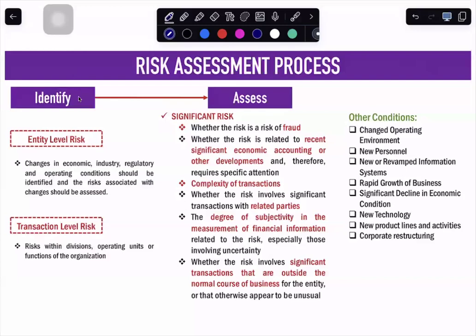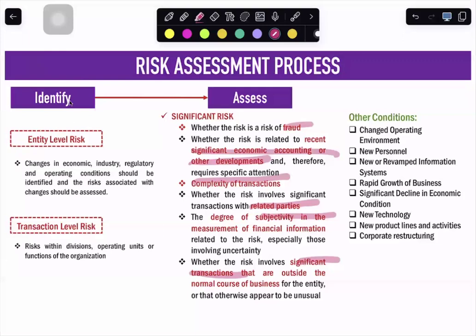Okay, so let's look again at your significant risks, whether it is due to fraud, recent significant economic development on accounting, complexity of transactions, related parties, subjectivity, and if there is a significant transaction.